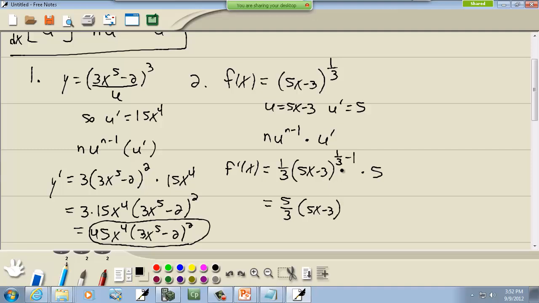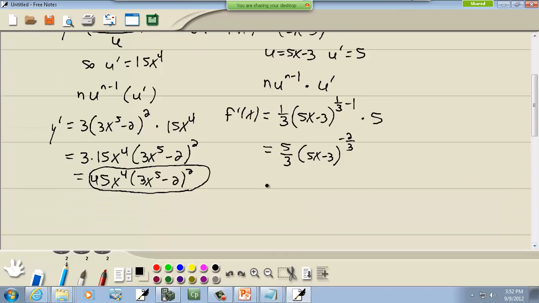And this is 5x minus 3. 1/3 minus 1 gives us negative 2/3. And since it's a negative exponent, I'm going to take it down to the denominator. So this becomes 3 times 5x minus 3 to the positive 2/3. And that's our answer.